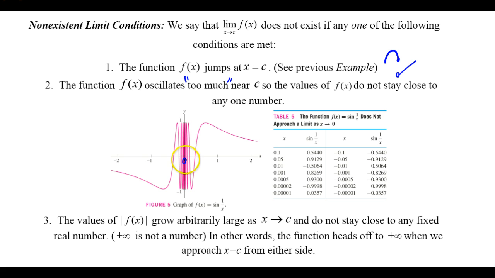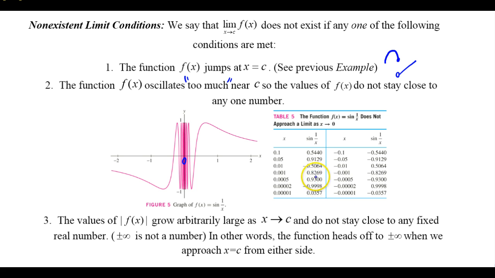If we were to try to create a table of values, a numerical approach to this limit, and we substituted in values to the left and to the right of 0, here's the table that's created, and you take a look at the y values, they're jumping all over the place. 0.5440, 0.9129, and then it jumps to a negative number, 0.5064, then 8.8269.